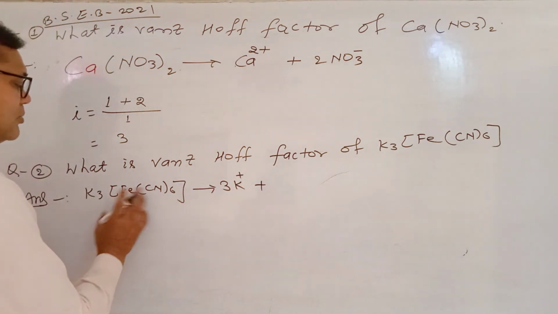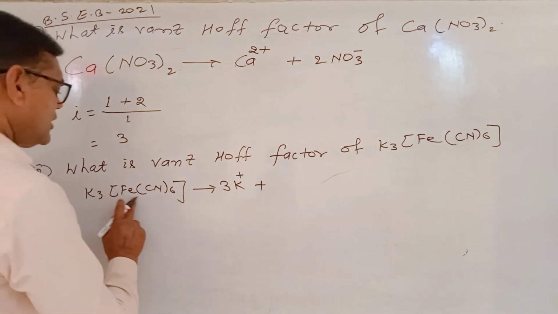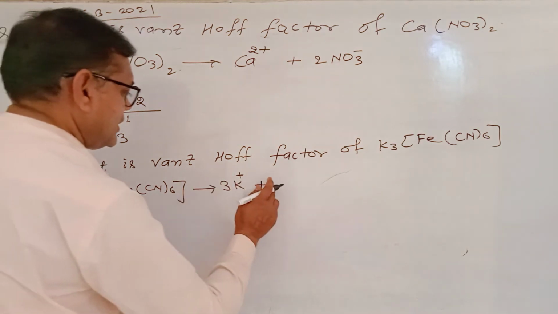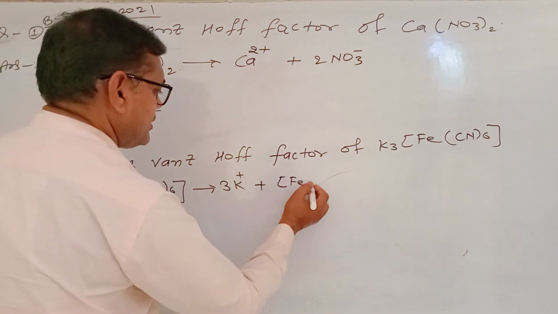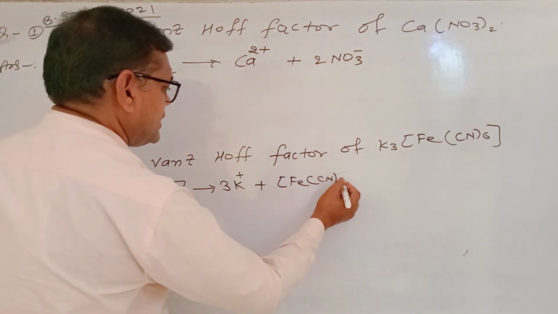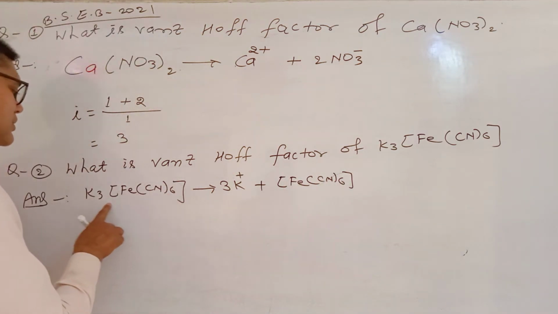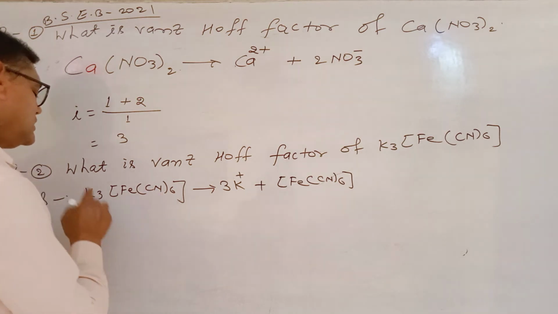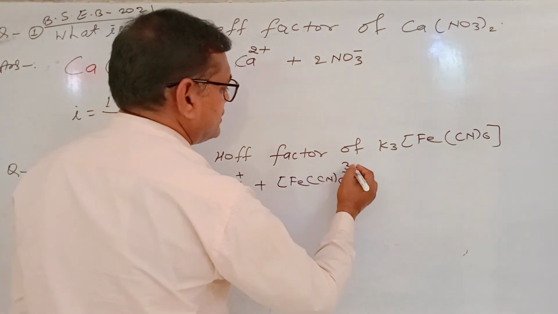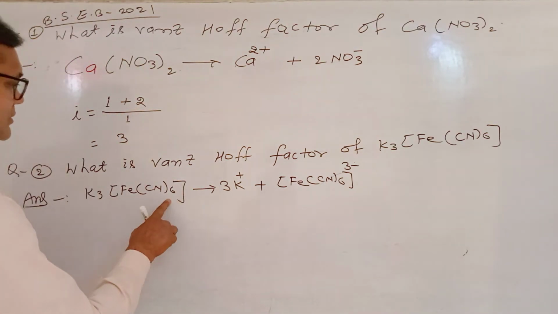The number of ferrocyanide is 1. Here we write 1. We write Fe(CN)6. The valency of ferrocyanide is 3. Therefore, we write here 3 negative charge due to negative radical.